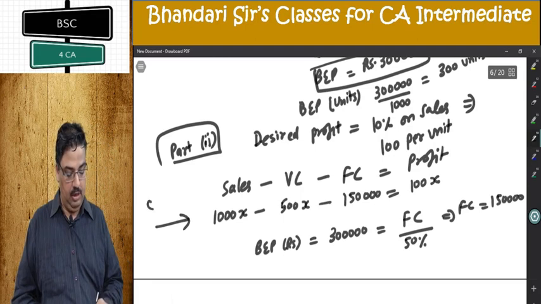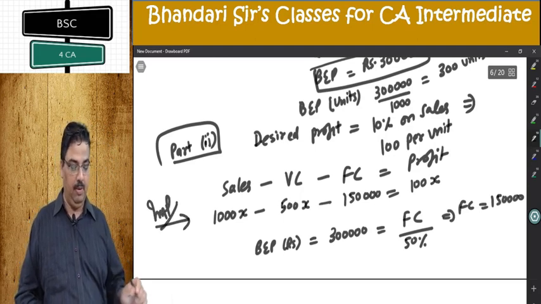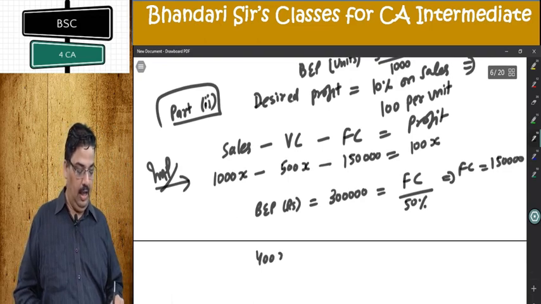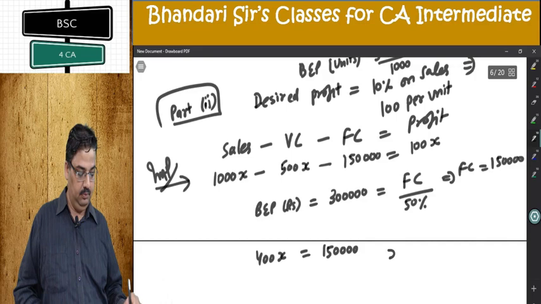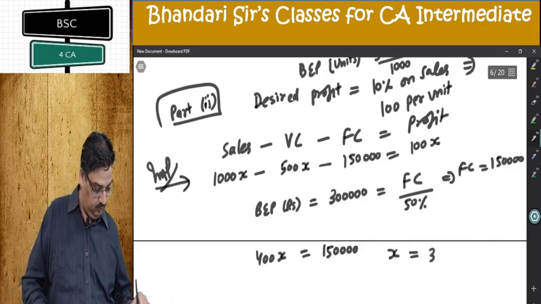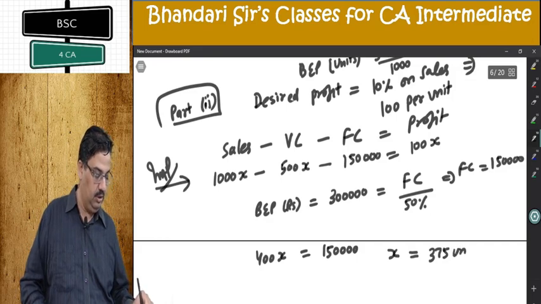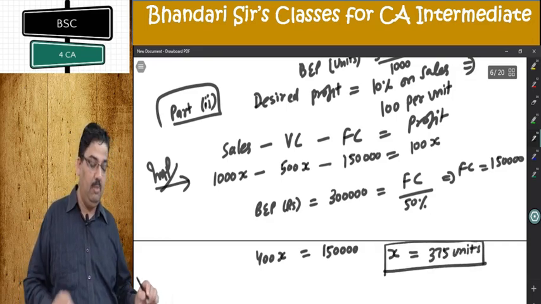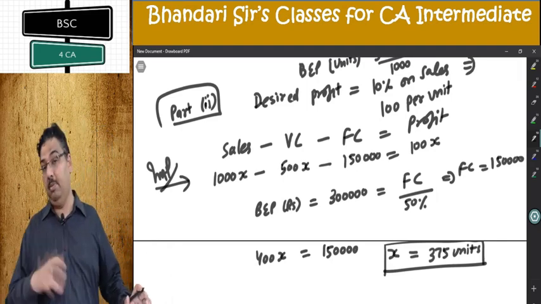Now this is an important equation. Basic equation we keep applying again and again. 400X is equal to 1,50,000. X equals 375 units. That is the answer. There can be multiple ways of doing, but the answer will be the same.